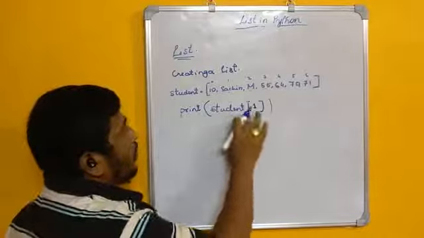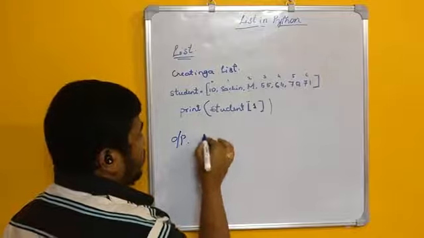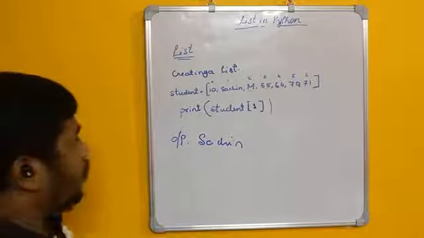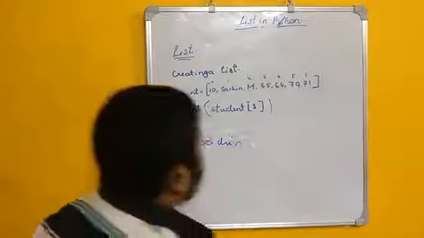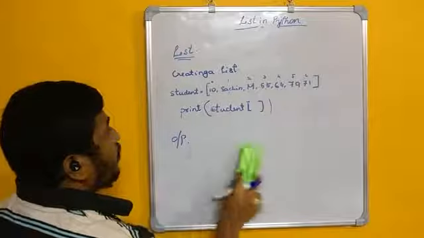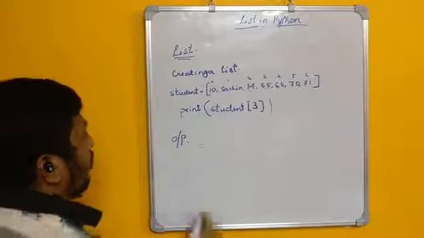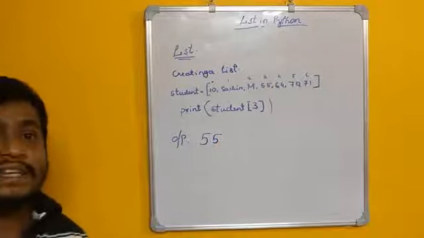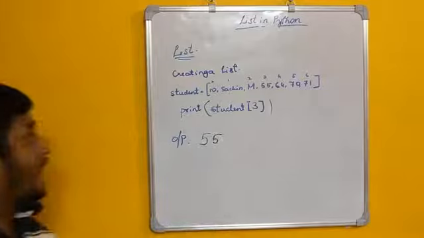So print student of 1 returns Sachin. If we want 55, its index is 3, so if we pass student of 3, our output will be 55. This is what we call indexing. Getting the values from the list using the index is called indexing.